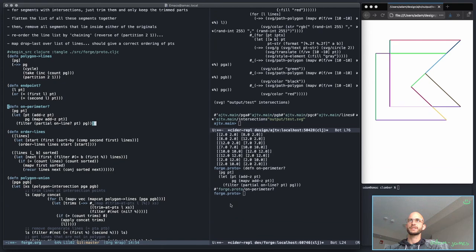Okay, does that make any sense? If I pass it the polygon A, and there's a point I know that's on the perimeter that's 5, 0. I know that is.